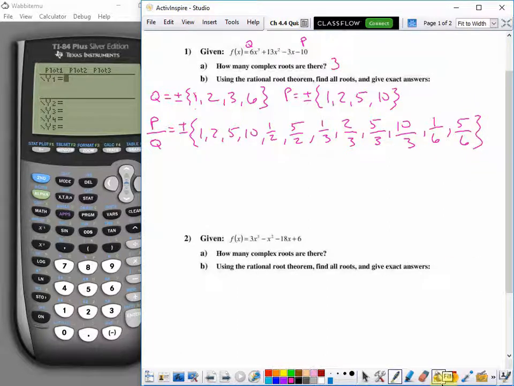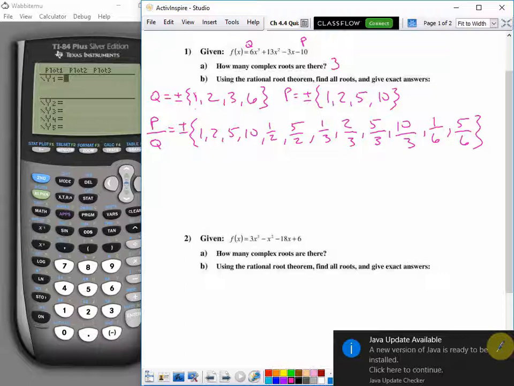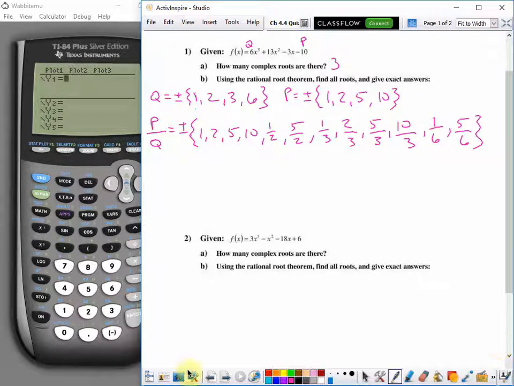So that's my list. So 1, 2, 3, 4, 5, 6, 7, 8, 9, 10, 11, 12 possibilities, and also the negative version. So positive or negative means I've actually got 24 possibilities here. Okay?